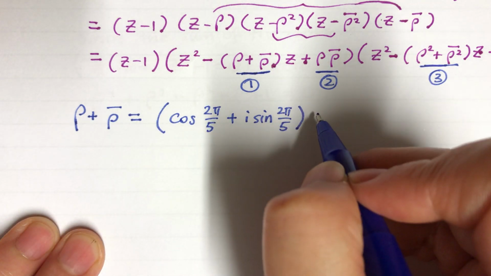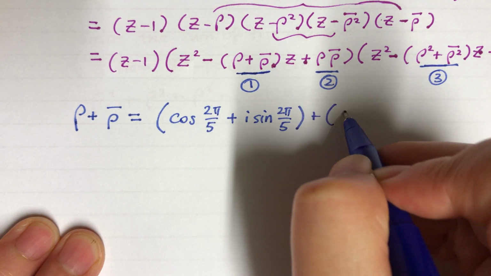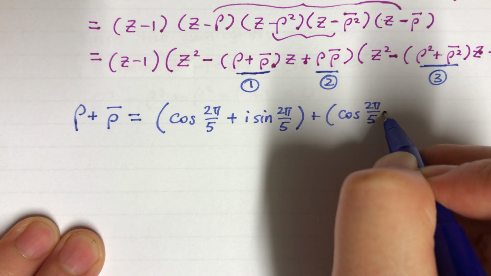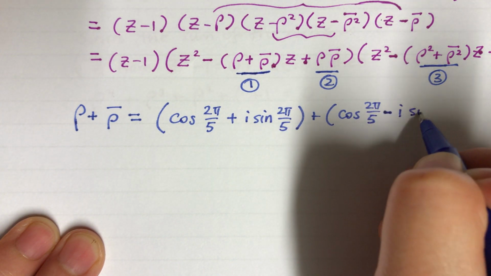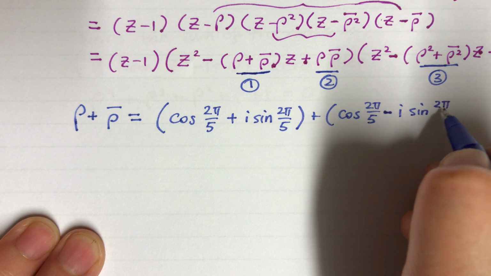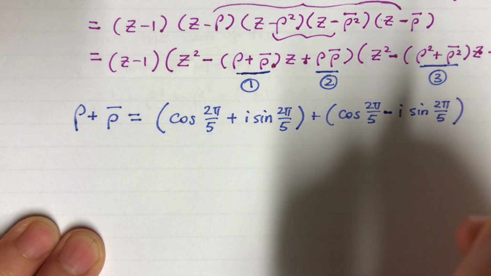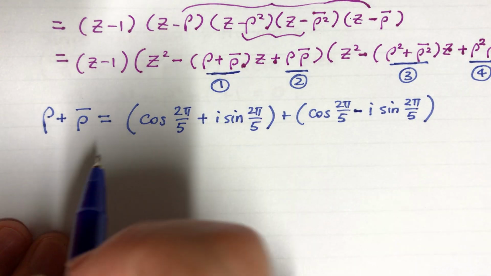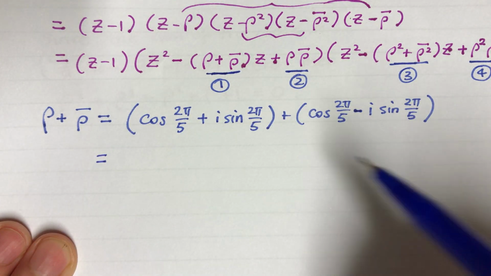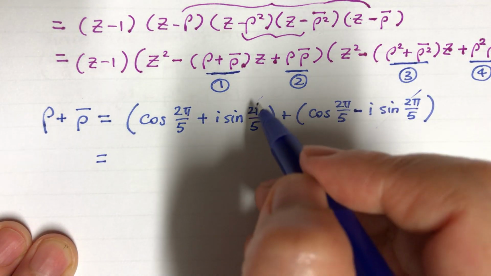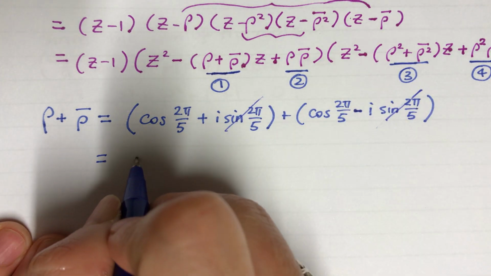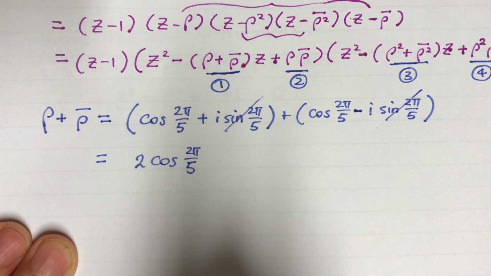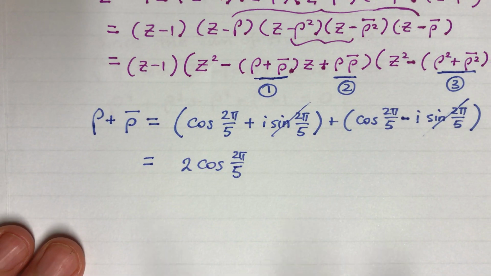And the conjugate will be cos 2 pi over 5 minus i sine 2 pi over 5. A conjugate pair is changing the sign on the imaginary part. Okay, I'm going to push this one a little bit, and if I do that, I'll cancel these together. I'm left with 2 cos 2 pi over 5. Okay, so that's what we got.